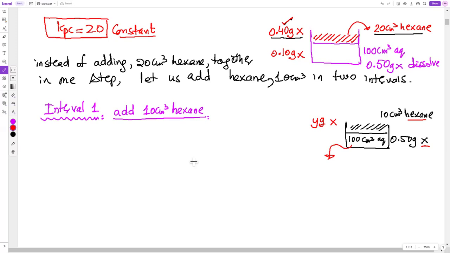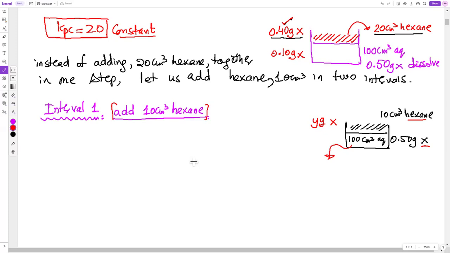You got my point? What I was saying? So why would we do it in two intervals? We want to check what happens, just for our study, if we do not add 20 cm cube together in one step, rather we make a two-step extraction.